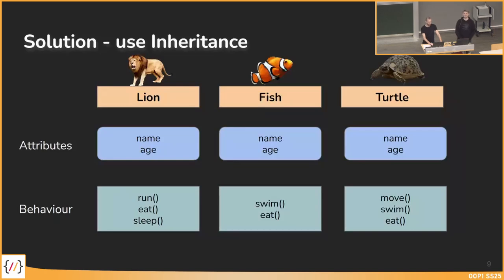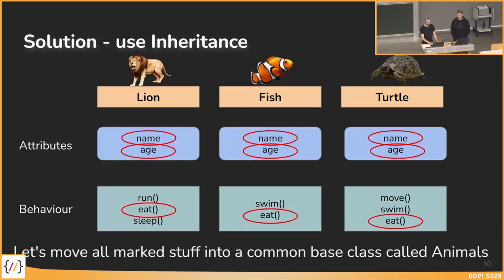So inheritance basically means find attributes and behavior that all of the classes have in common and put this into another class. So we identified the name and the age is the same for all of our classes, and the eat behavior is the same for all our classes.